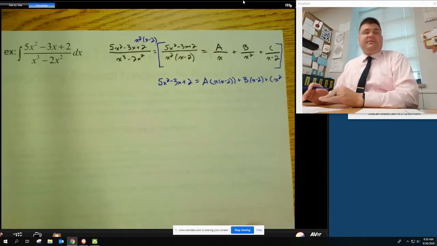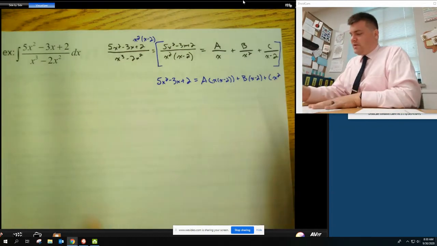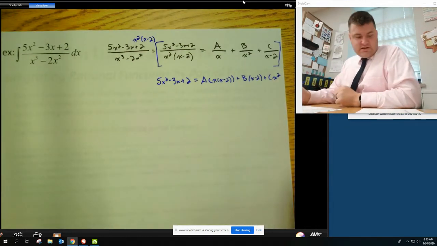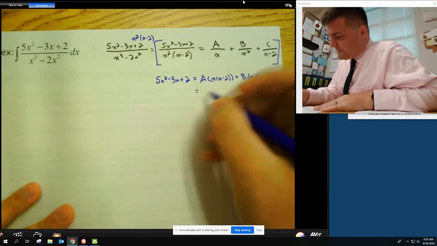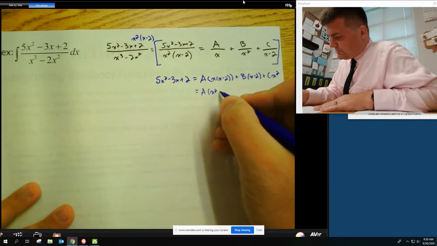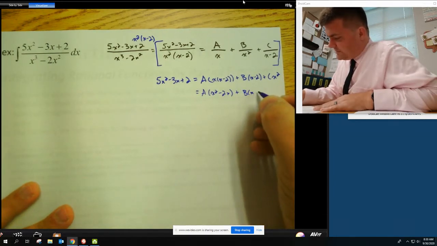There's a couple different techniques. I'll do the most common technique and just rewrite this as systems of equations as I go through here. So this is going to be A times x squared minus 2x, and then nothing else changes here.